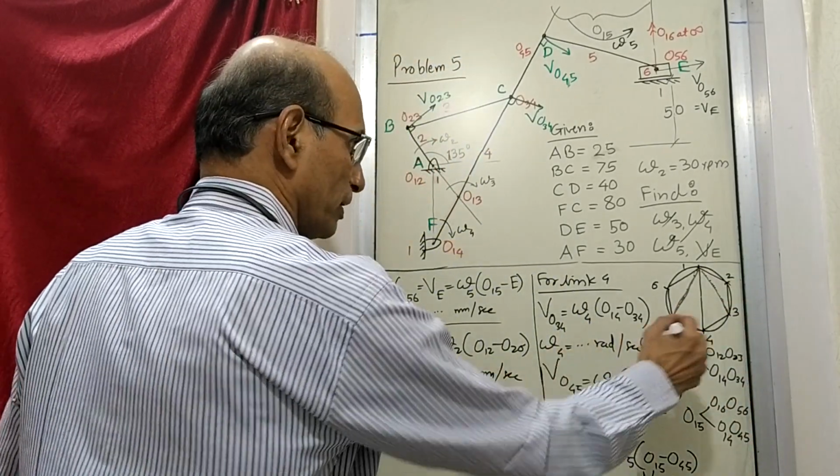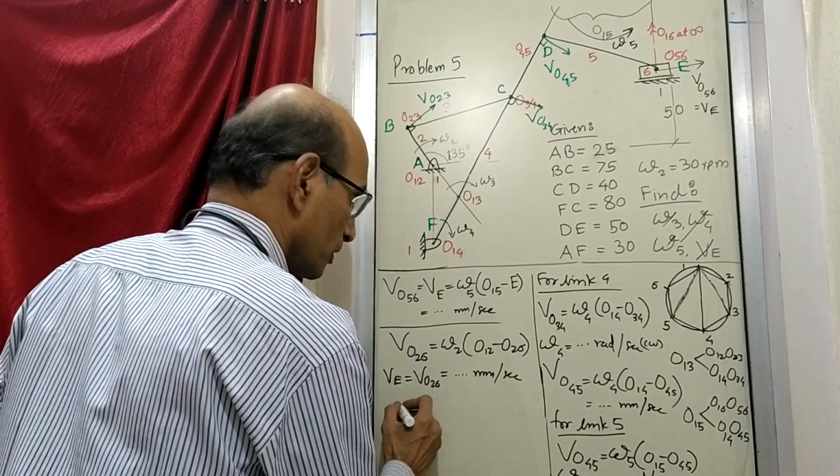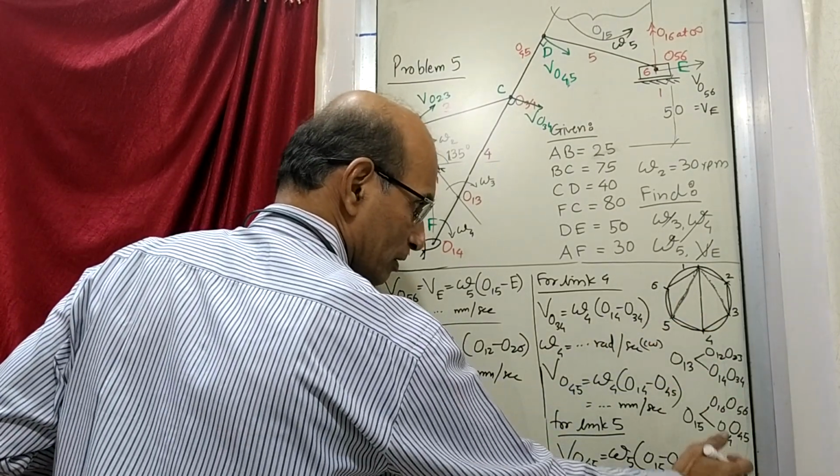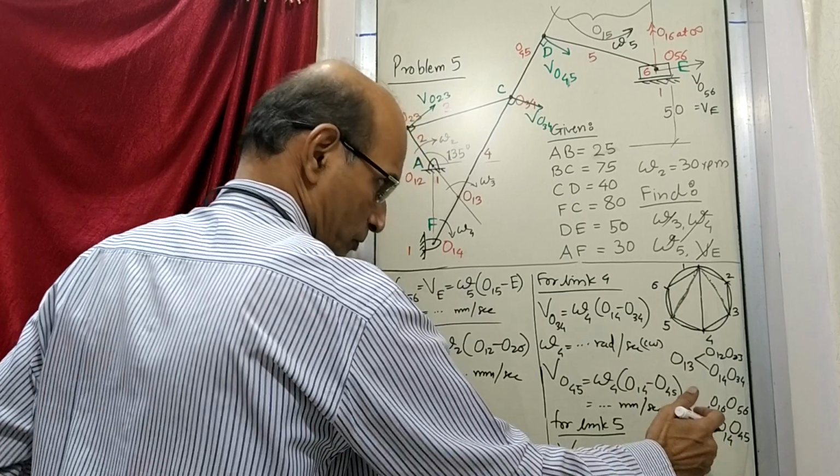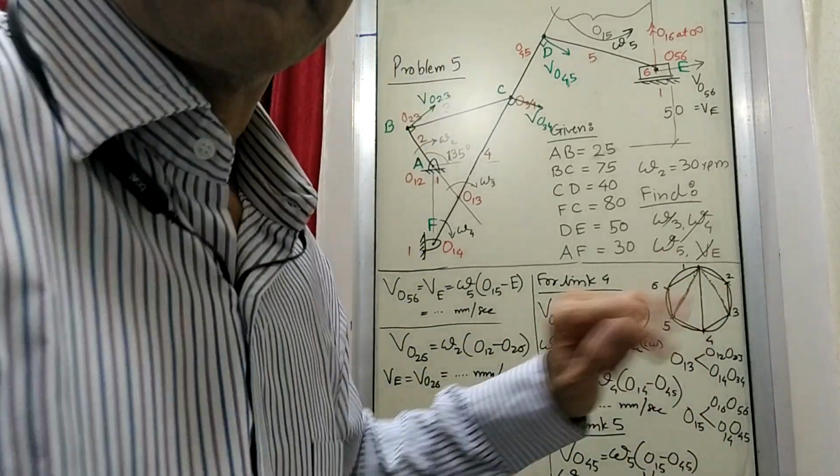So first let me find out 2,4. I'll write here. We'll make a space there and I'll write there.